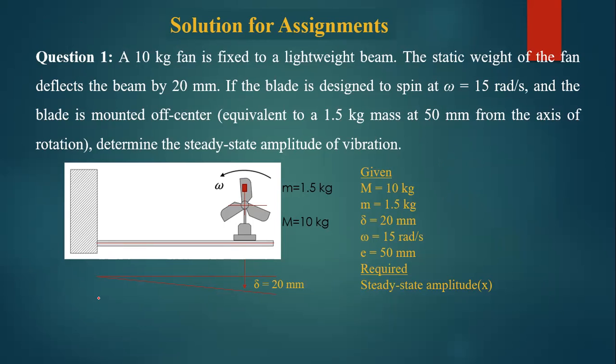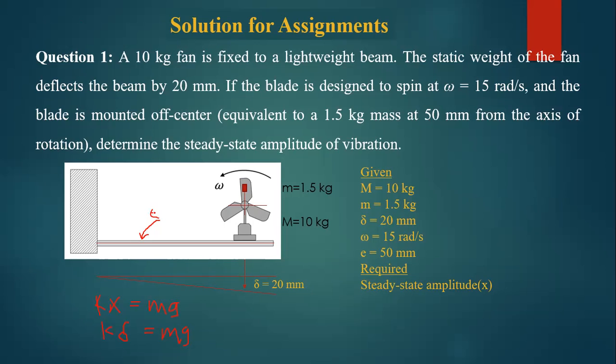This deflection relates as kx equals mg from the static condition. X is the static deflection delta, so K delta equals mg. From this we can find the stiffness of this elastic beam.